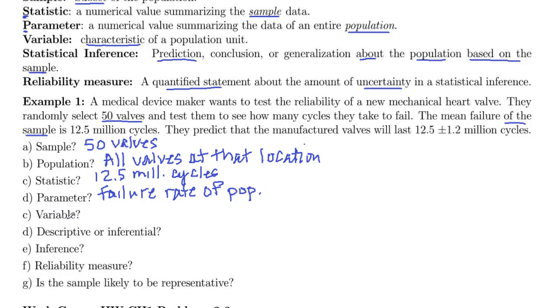The variable of interest here is how many cycles to fail, which we're calling the failure rate. So the variable here is cycles to fail. And by cycle, it's an opening and closing of the valve here.